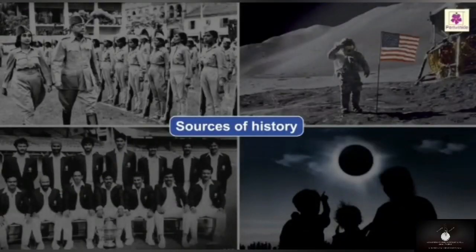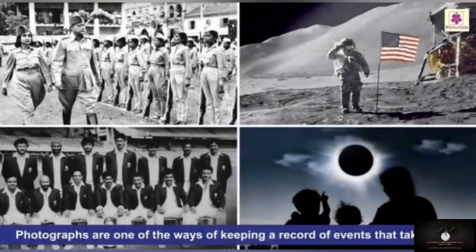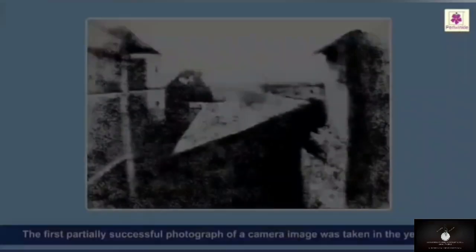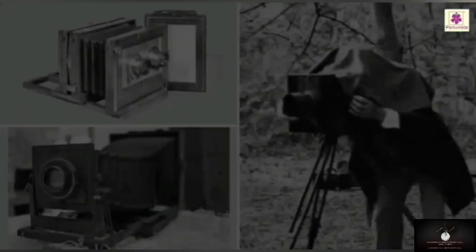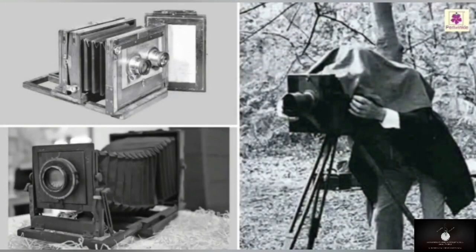Sources of history. Photographs are one of the ways of keeping a record of events that take place. The first partially successful photograph of a camera image was taken in the year 1816. And for many years it was not a common gadget that everyone could buy and use.